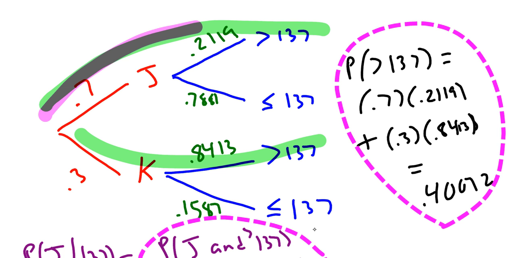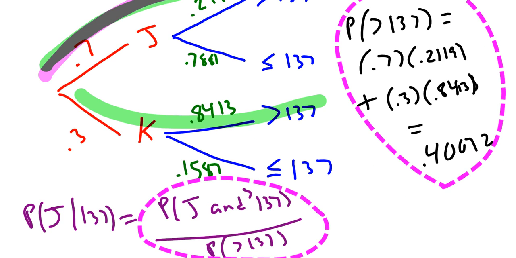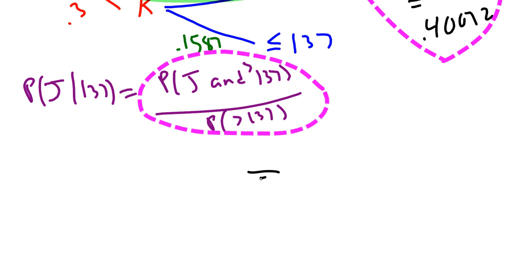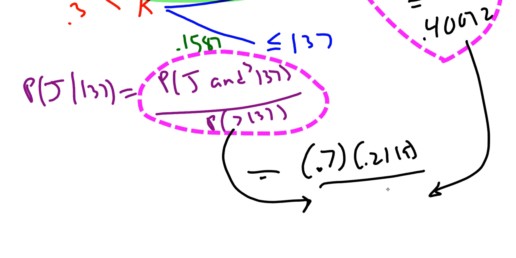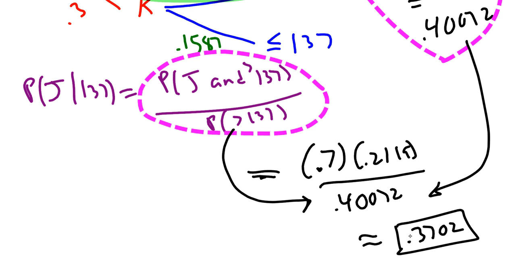So that means that the numerator of our fraction here is 0.7 times 0.2119, and we're going to divide it by the probability of a melon being bigger than 137 on the bottom, but we already found that earlier, and that turns out to be 0.40072. So if you just take a minute and type this into your calculator, you multiply the tops and then divide, you'll get about 0.3702, which is the answer to the question.